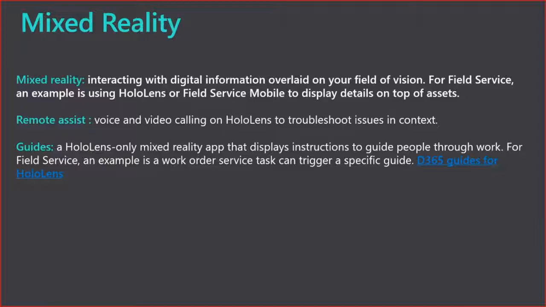And so what you'll continue to see from a product perspective is, as the product team, we're working very closely with our friends over in the mixed reality product group. As they're putting out new innovations and so on, we always look at those new features and products through the lens of how could these work in the field service area if there is in fact a fit. So we've already done that with Remote Assist.